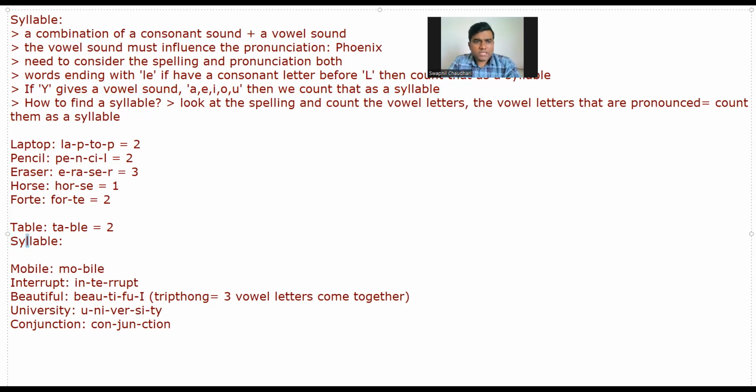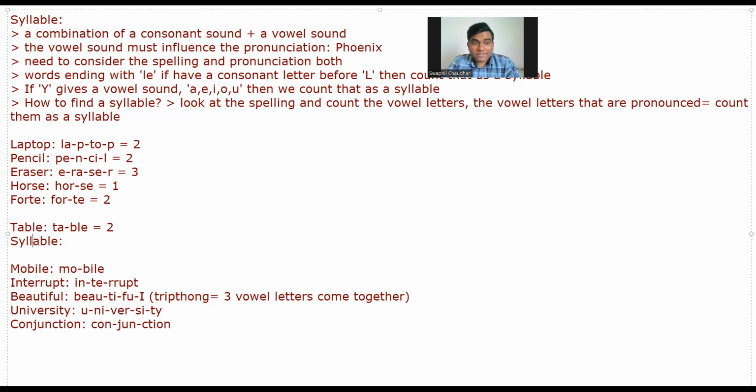What about this? La, la. Do you think this is an example of a syllable? No, right? Because although the letter A is there, it is silent. It is not pronounced. If you pronounced it like syllable with an A sound, then maybe we would count that as a syllable, okay?